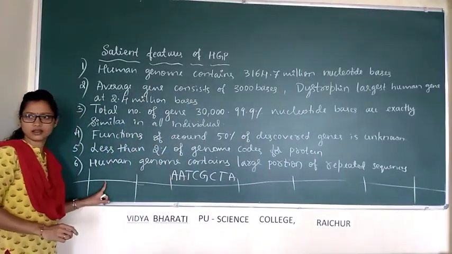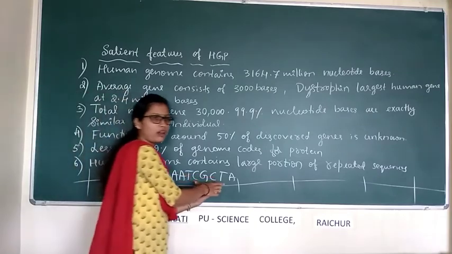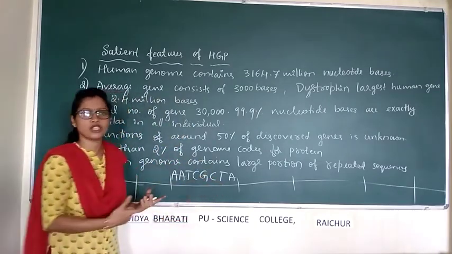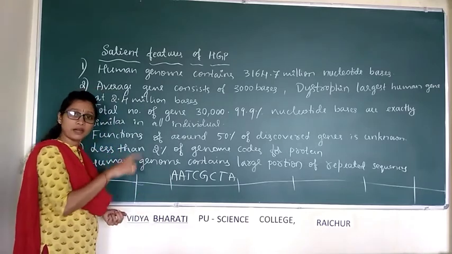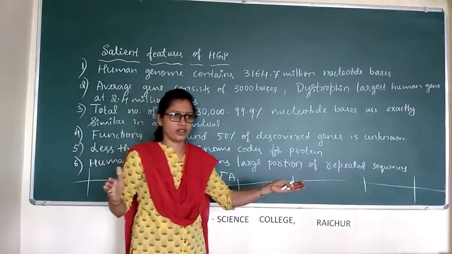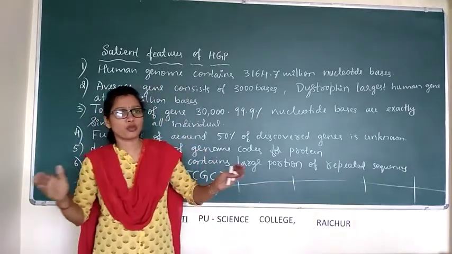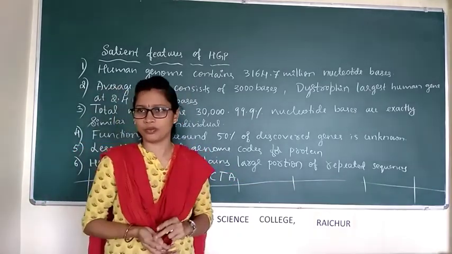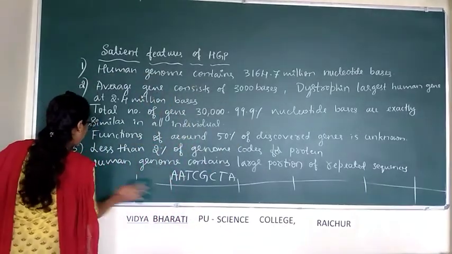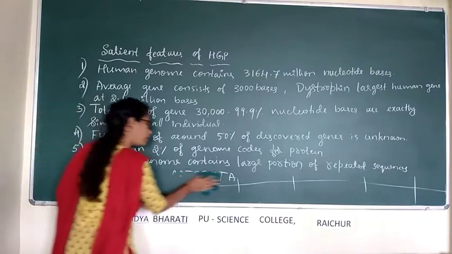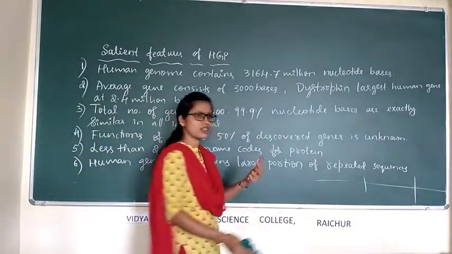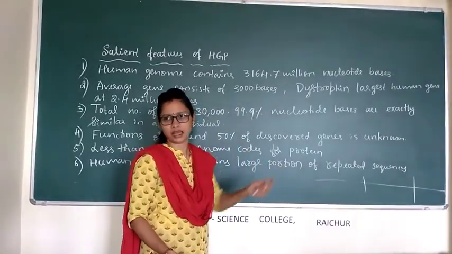Particular sequences are repeated many times in the human genome, and those repeated sequences form a large portion of the human genome. Why are they called repeated sequences? These are sequences which are repeated many times.